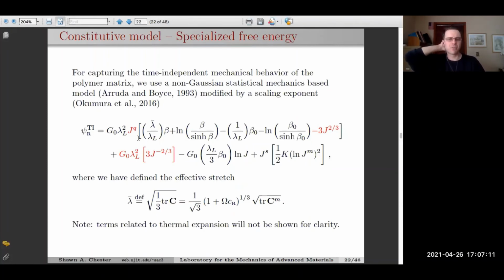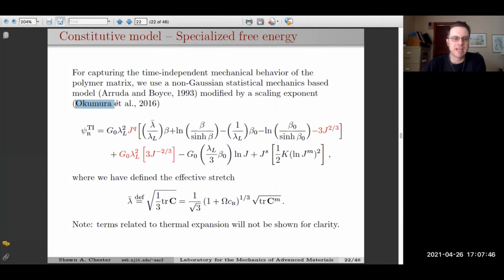So for those familiar with rubber elasticity or hyperelasticity, we start with the Arruda-Boyce model. That's a non-Gaussian statistical mechanics-based model that takes into account limited extensibility or chain locking. But before we get to it, don't forget our measurements indicated that the modulus, when swollen, is not doing what Flory-Rehner expected. And so we're going to add something.